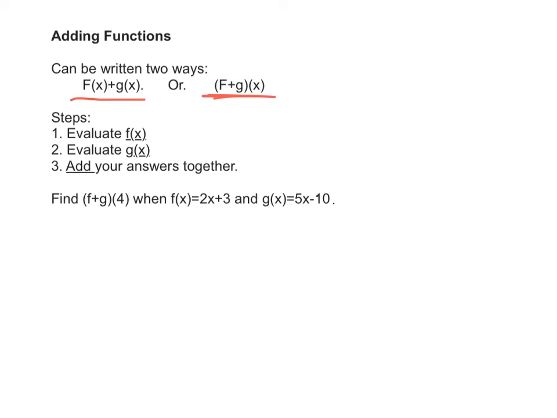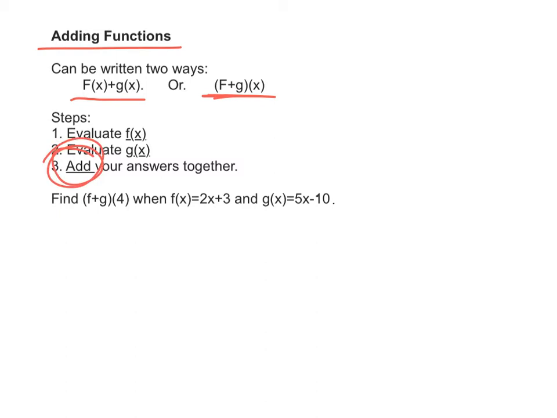The steps to do this: you're going to evaluate f of x, like we did last week, plug in and PEMDAS f of x. Then step 2, you're going to evaluate g of x, so plug in and PEMDAS g of x. And then since this is adding functions, you are going to add your answers together.